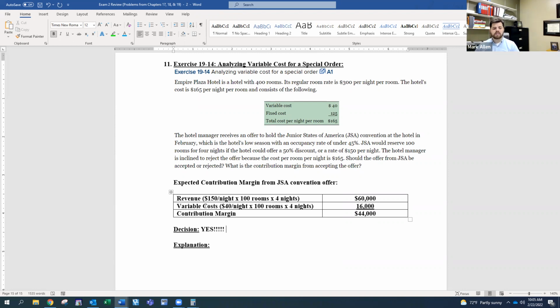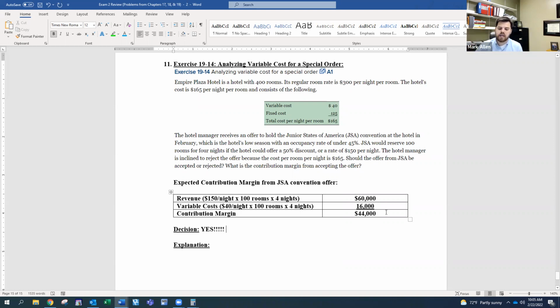Why? What's happening here? Why does it make sense to accept this, even though the rate per room that we're actually receiving of $150 is less than the total cost per room per night? Well, those fixed costs, they're incurred whether we rent the room or not. And what do we know about contribution margin? Well, contribution margin actually goes to help cover fixed cost.